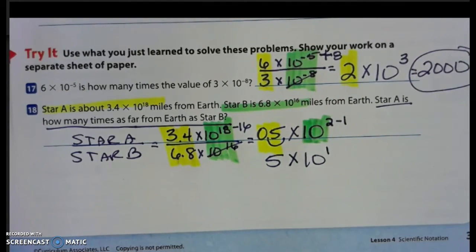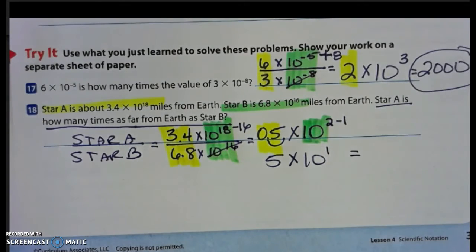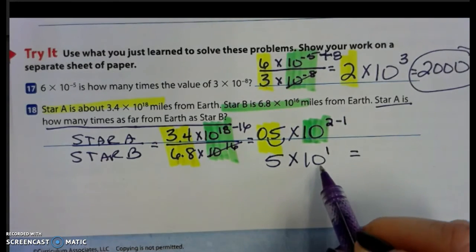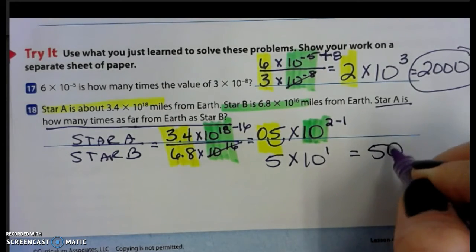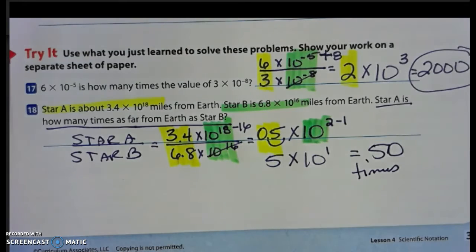Okay, we used one of those place values by making that 0.5 become a 5. Now, 5 times 10 to the 1 still means nothing. In standard form, I've got to make it one place value bigger, which makes it 50 times greater.